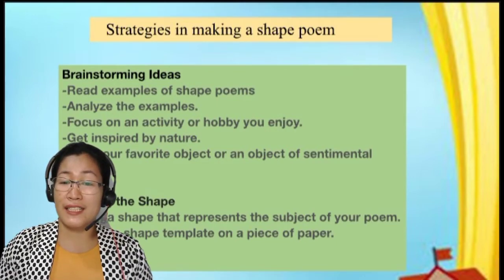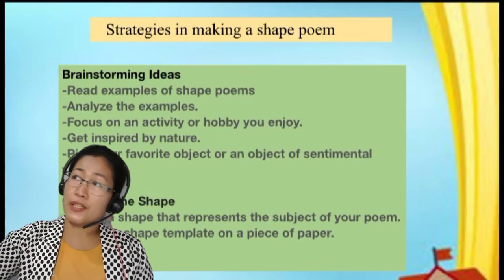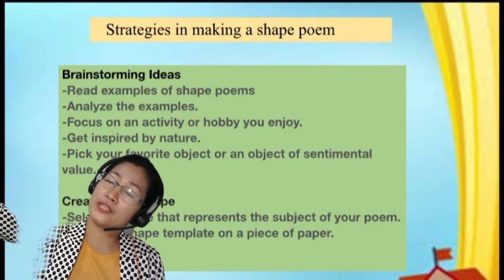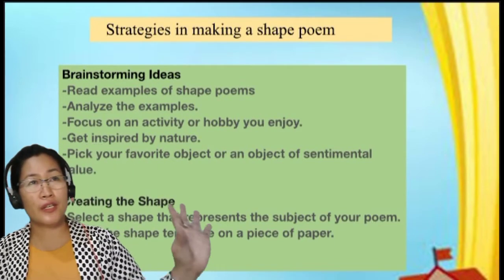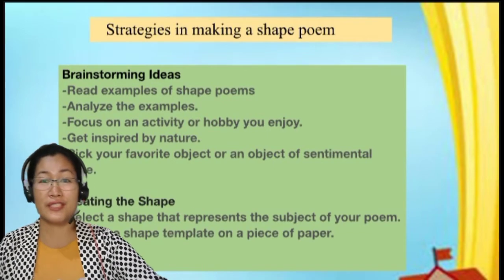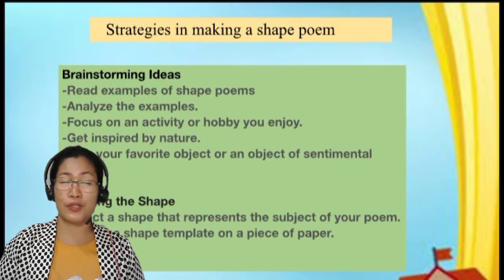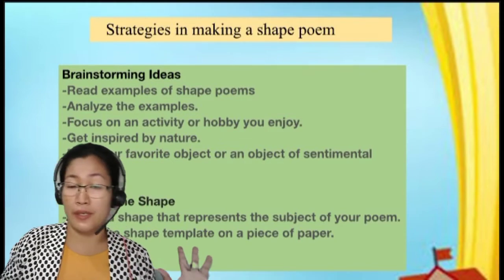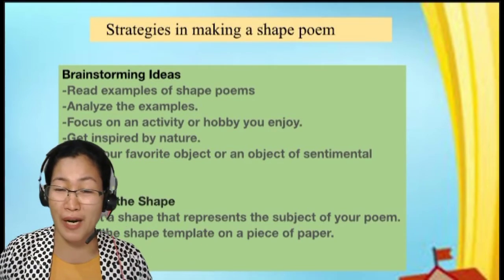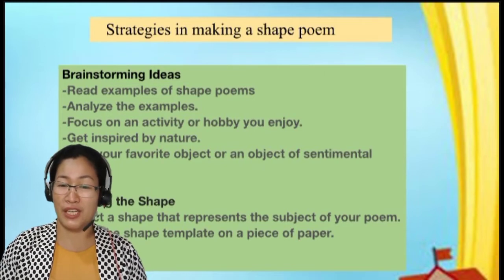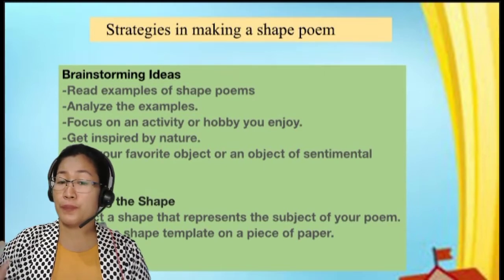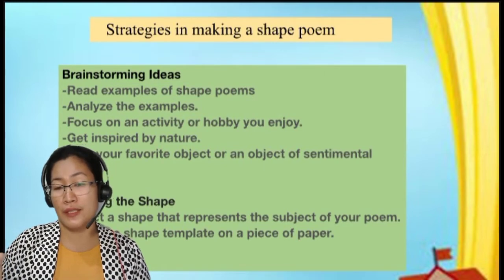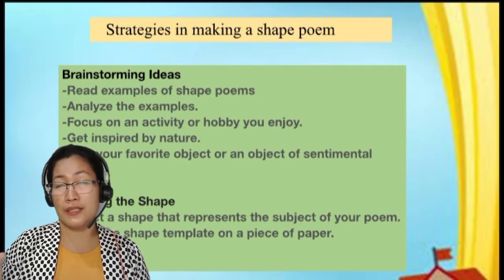Next is get inspired by nature. Yes, we can get inspired by nature by looking at the trees, looking at the rainbow, just like what I showed you a while ago. The rainbow, the lakes, the rivers, or whatever can inspire you in nature. And next, you have to pick your favorite object or an object of sentimental value.